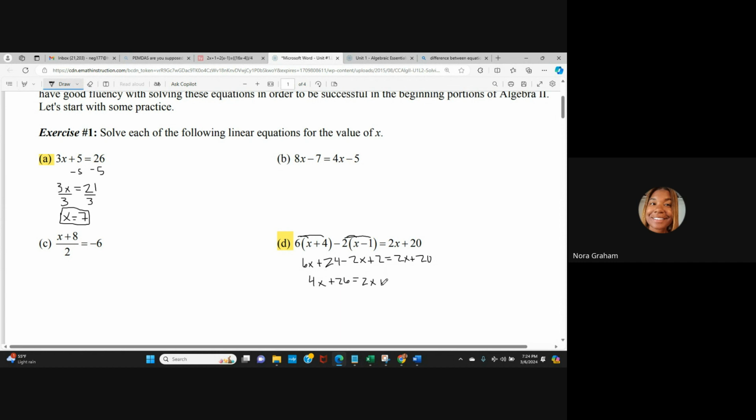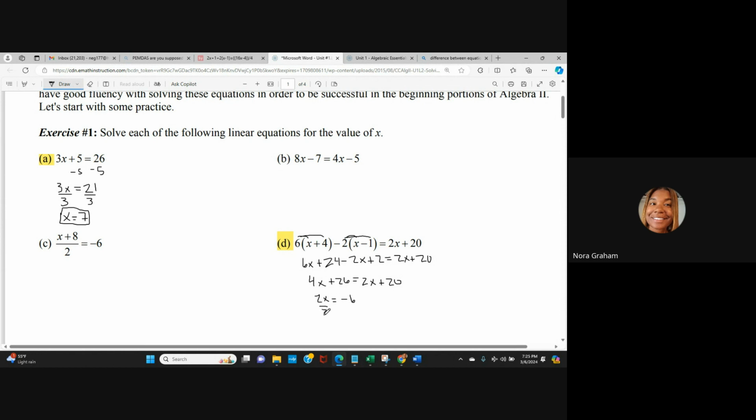Now I usually like to have my variable on the left-hand side. So I'm going to subtract the 2x from both sides, and then I'm going to subtract the 26 from both sides. When I subtract the 2x from both sides, I'm going to have 2x equal to -6, because 20 minus 26 is -6.